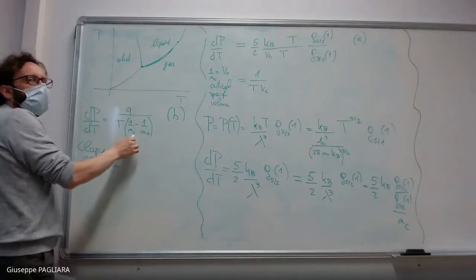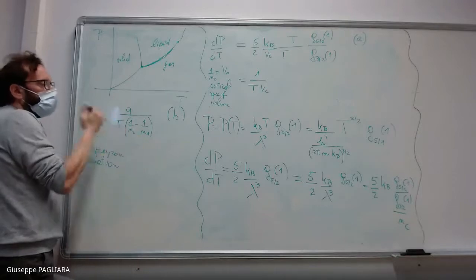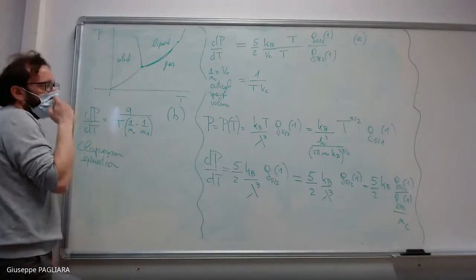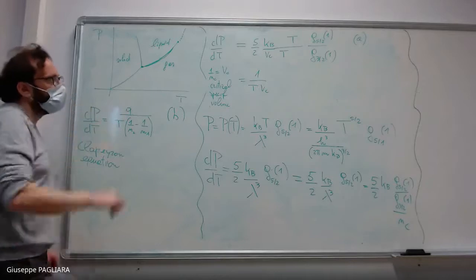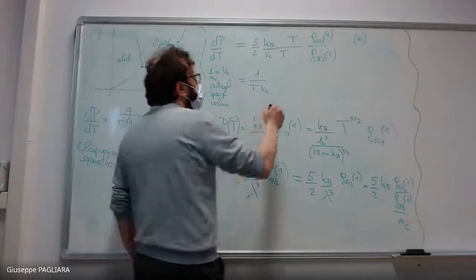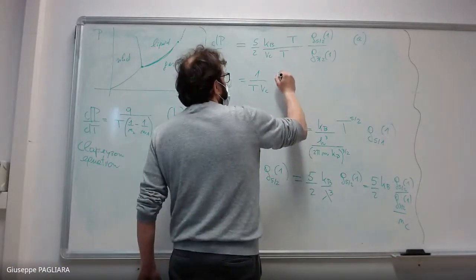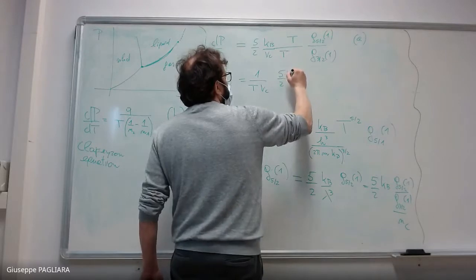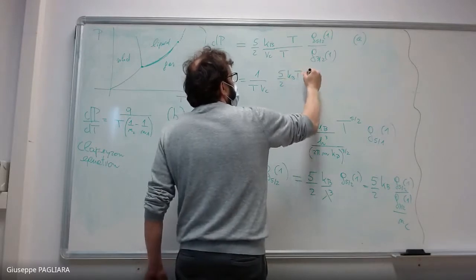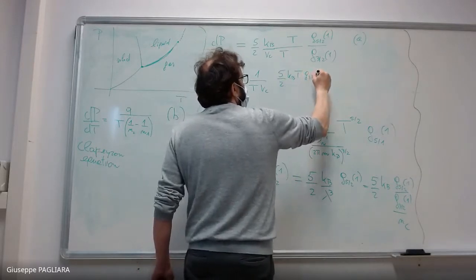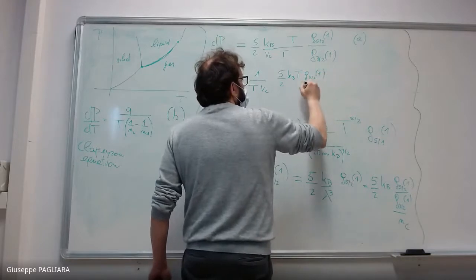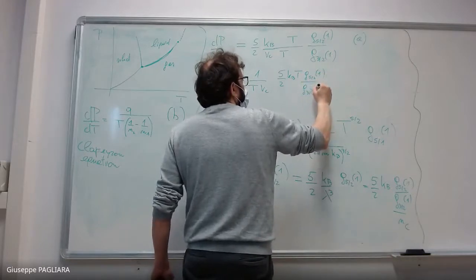There is a difference in specific volume that I will comment on in a moment, but it is a temperature times specific volume. And then what is left is a latent heat, which is in this case 5/2 k_B T g_{5/2} of 1 divided by g_{3/2} of 1.